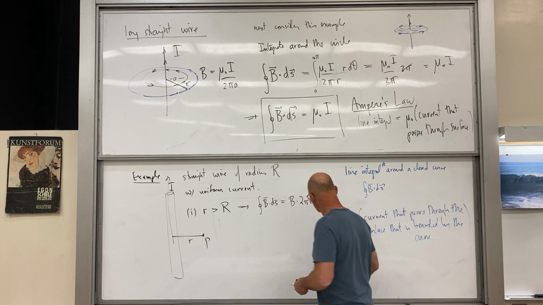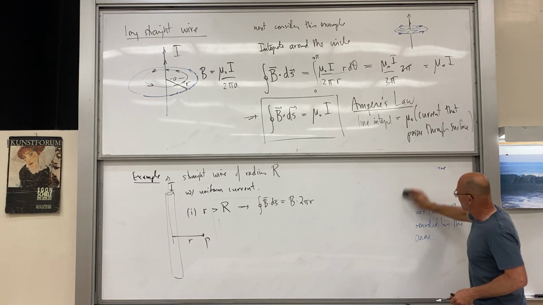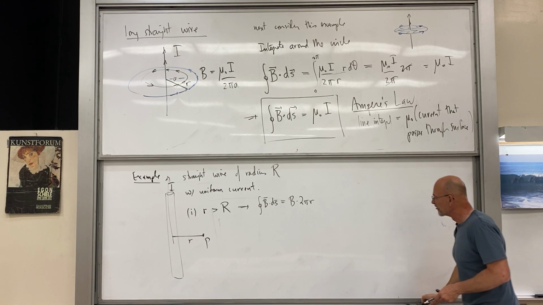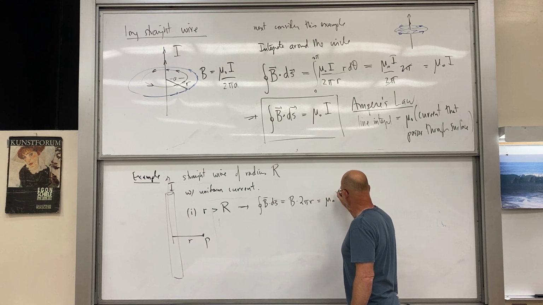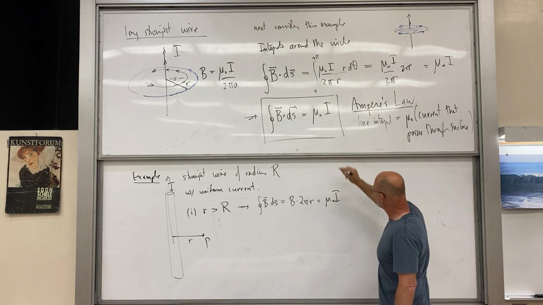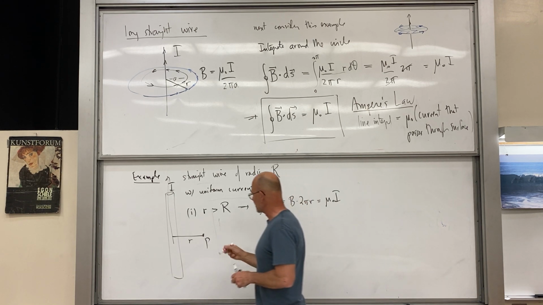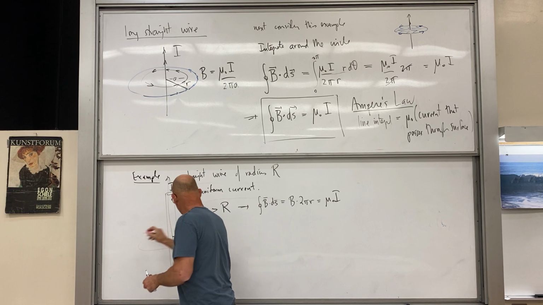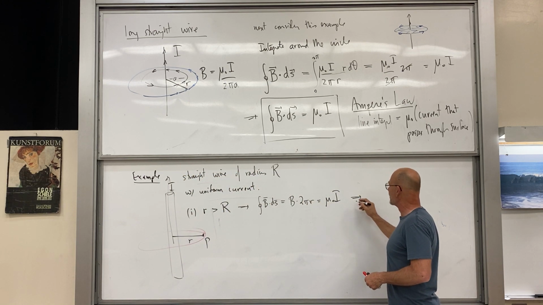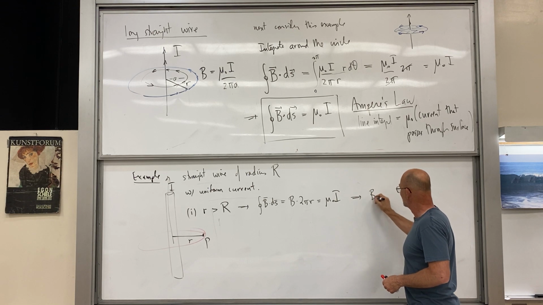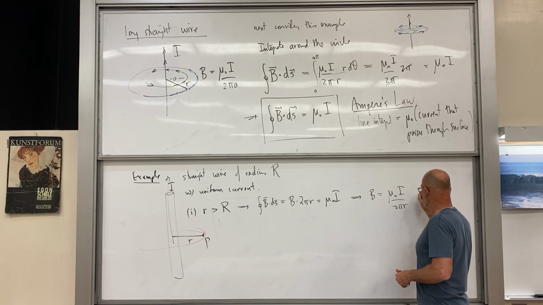I'm going to erase this stuff here. Equals mu naught I, right side, because that's what's passing through such a surface. And we're back where we started. B is equal to mu naught I over 2 pi r.